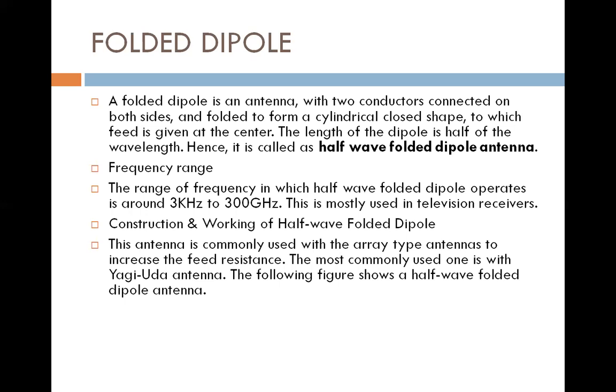The length of the dipole is half of the wavelength, hence it is called the half-wave folded dipole antenna. Frequency range: starting from 3 kilohertz and ending at 300 gigahertz. This is mostly used in television receivers. The antenna is commonly used with array type antennas to increase the feed resistance. The most commonly used one is the Yagi-Uda antenna.